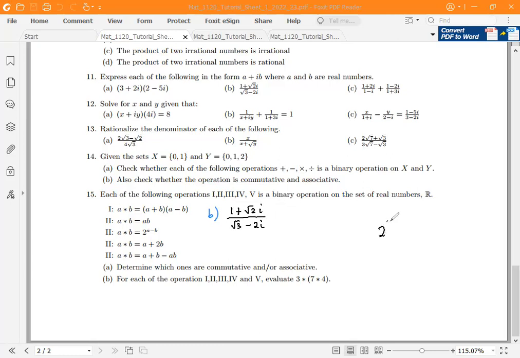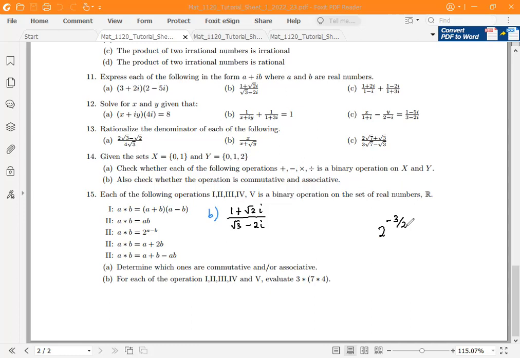Two to the power negative 3 over 2, like 2 as the whole number, then to the power negative 3 over 2, so the power is a fraction. Yes, the power is a fraction.